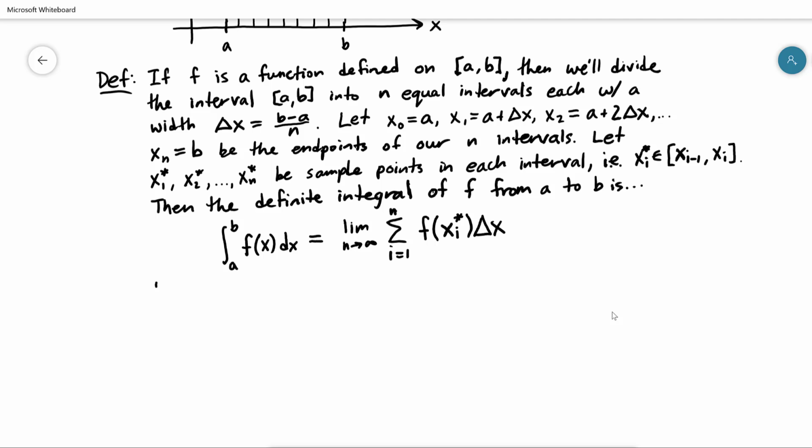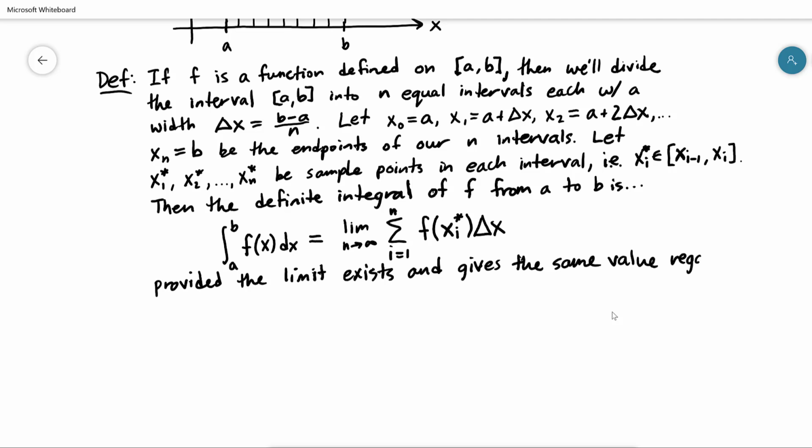So this is true provided the limit exists and furthermore that it gives the same value regardless of our choice of x sub i star.